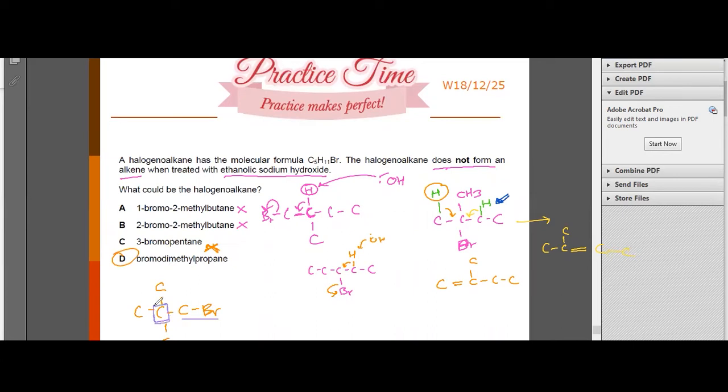You can see the C in this purple box is connected to 3 CH3, right? And it has no hydrogen at all. It has no hydrogen that can be attacked by OH minus. So that's why alkene will not be produced in this reaction. So the answer is D.